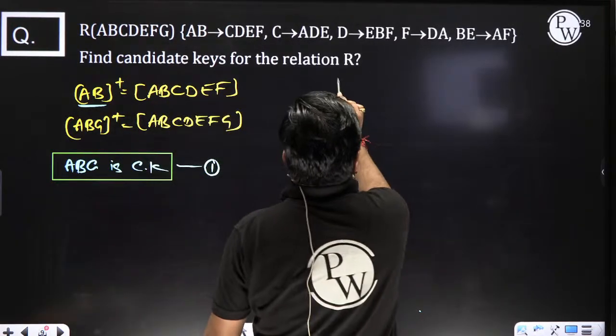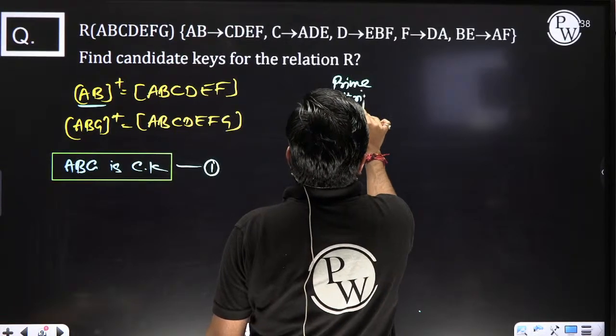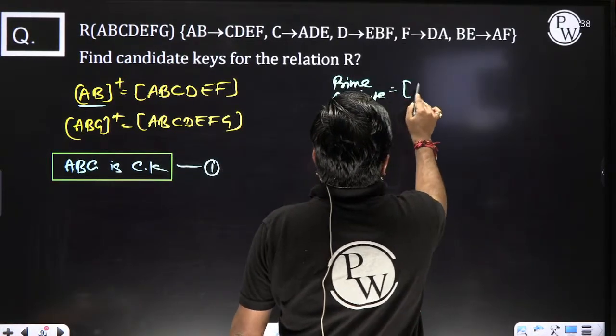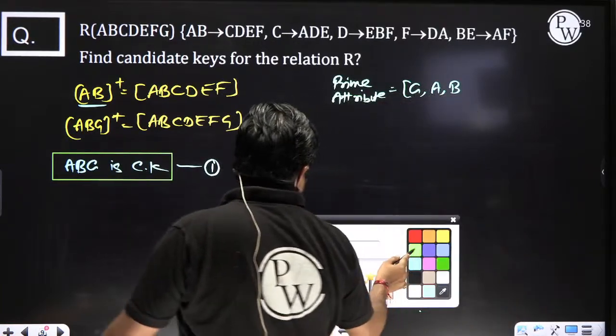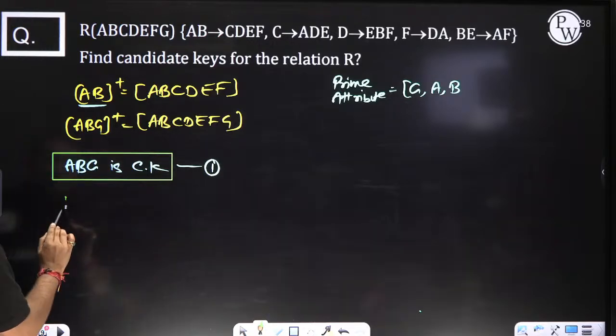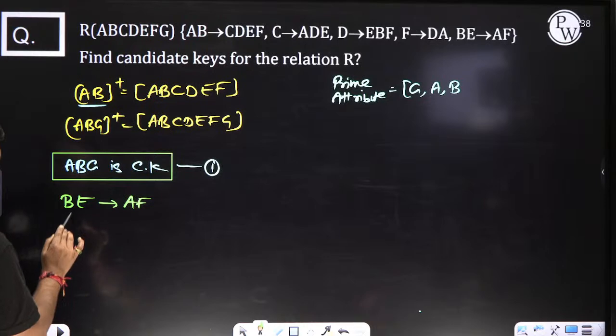So here, what are the prime attributes? Here the prime attributes are A, comma, B. Now here you can see E determines AF.